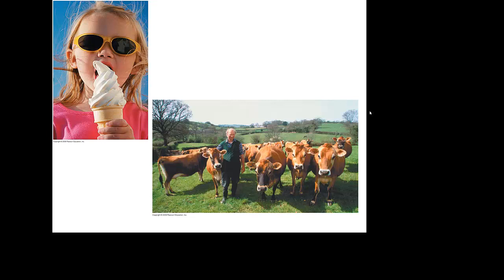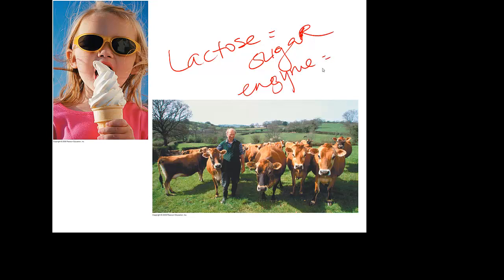So when we talk about your ability to digest lactose, or the sugar associated with milk and milk products, you're actually going to use the enzyme to break it down, known as lactase. So we'll keep seeing this repeating theme of interactions between particular substrates or enzyme targets as we go through things.